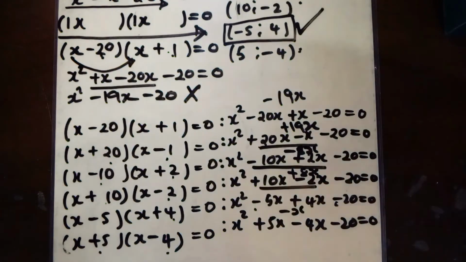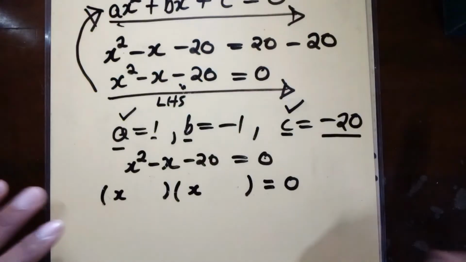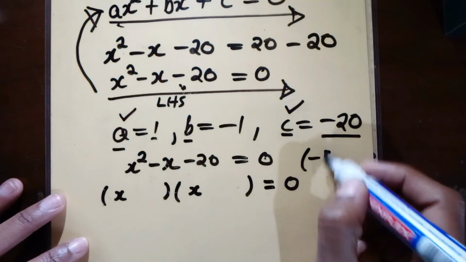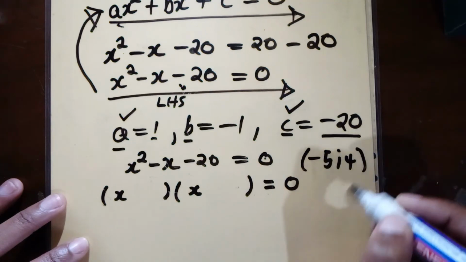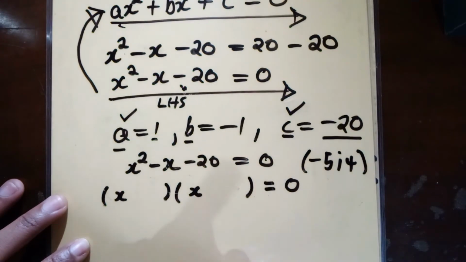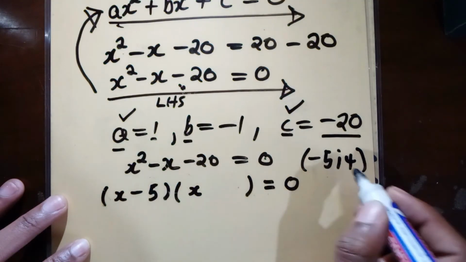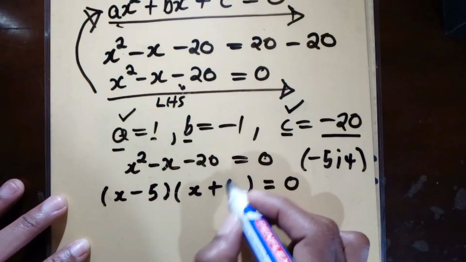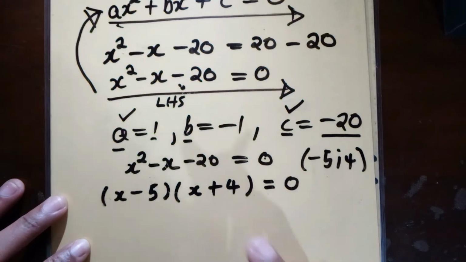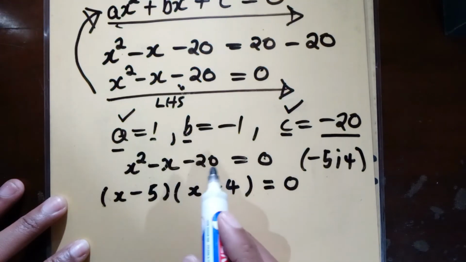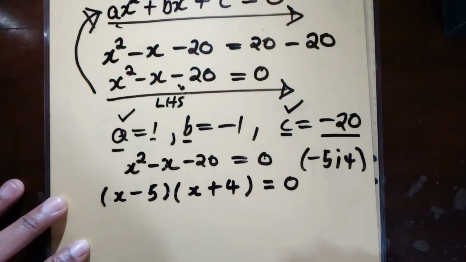So let's now substitute it back into our equation. We see that negative 5 and 4 are the factors that we want to substitute in our equation. So we'll do that with the negative 5 and positive 4. So now we have successfully factorized the left hand side.